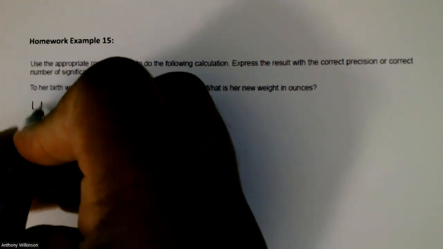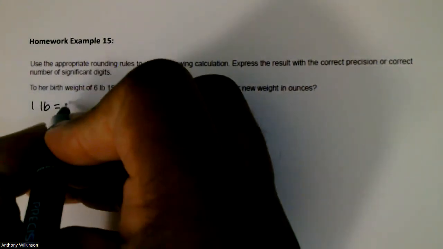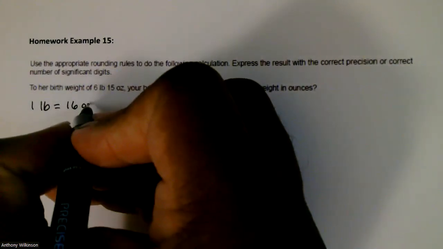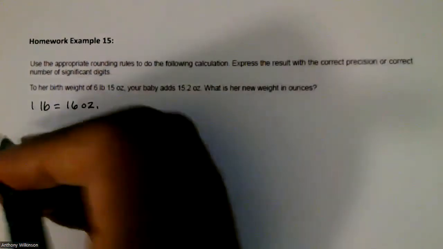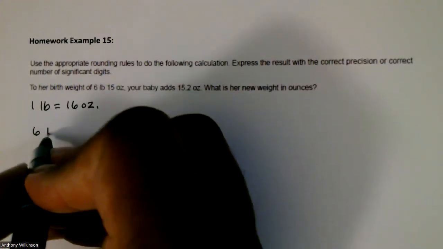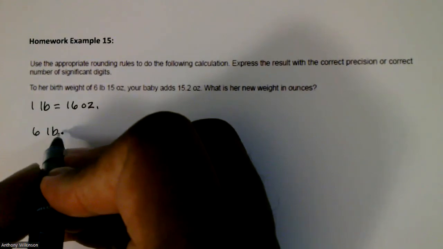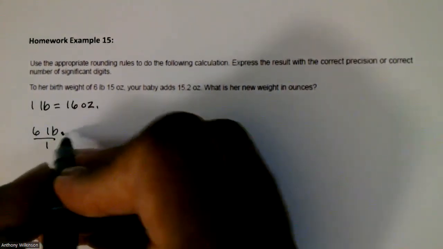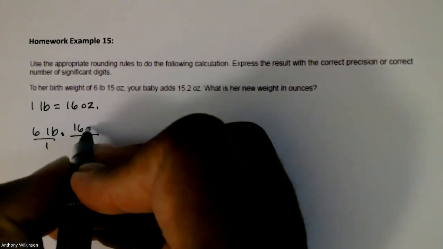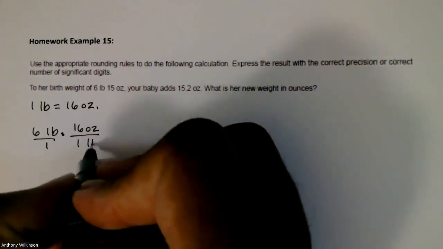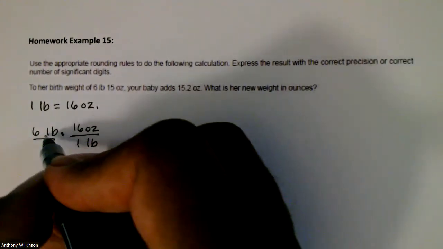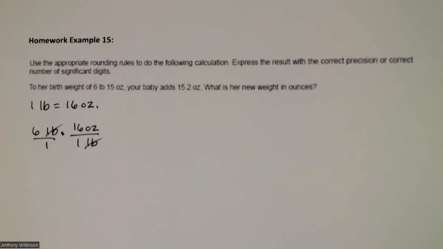I know that 1 pound is equivalent to 16 ounces. So for 6 pounds, we need to multiply by 16 ounces per 1 pound, using unit analysis.